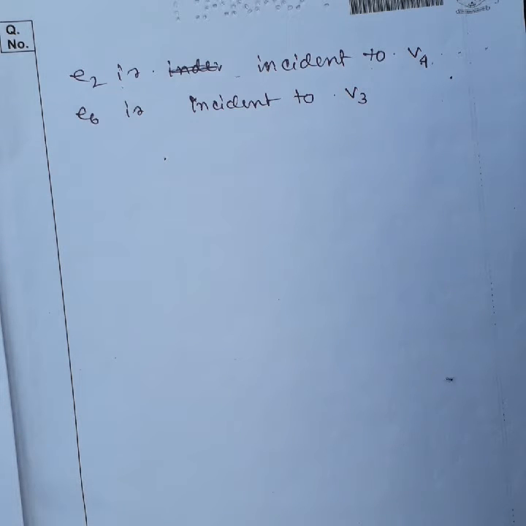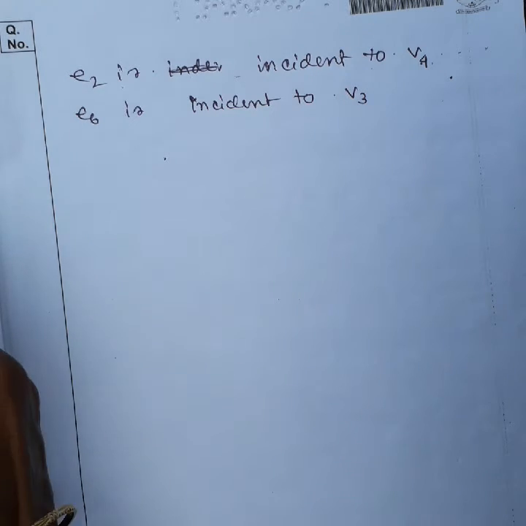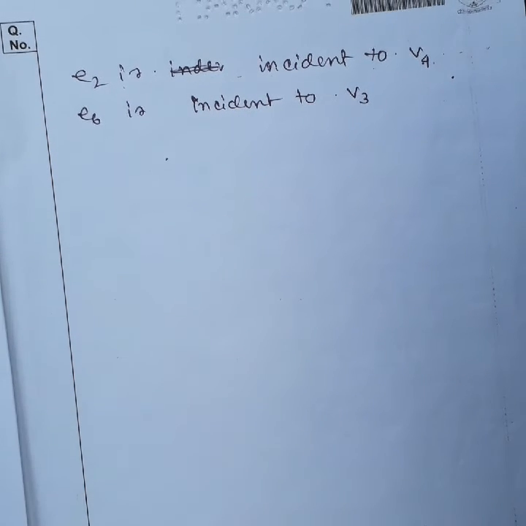Here edges E7 and E2 are not parallel because their directions are opposite. E7 and E2 are not parallel, but E7 and E6 are parallel.